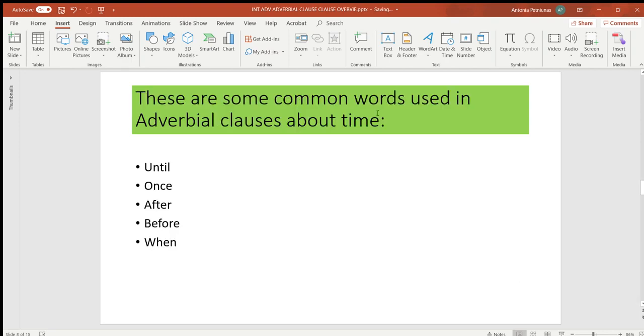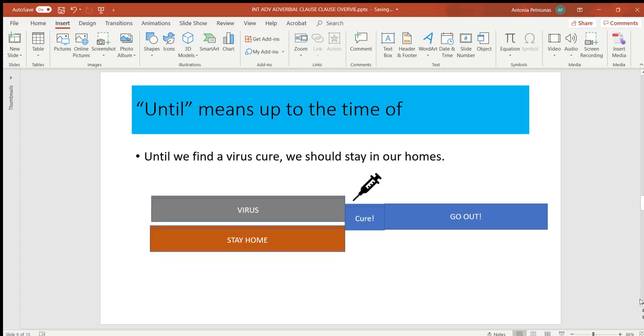Let's look again. These are common words used in adverbial clauses about time. Until, once, after, before, and when. Let's look at all of them. Until means up to the time of.